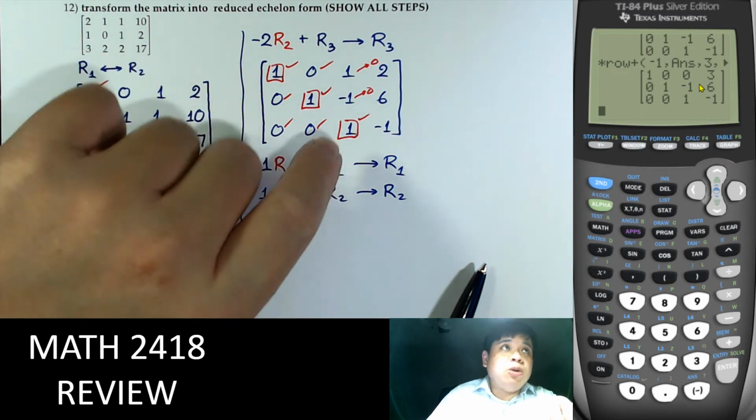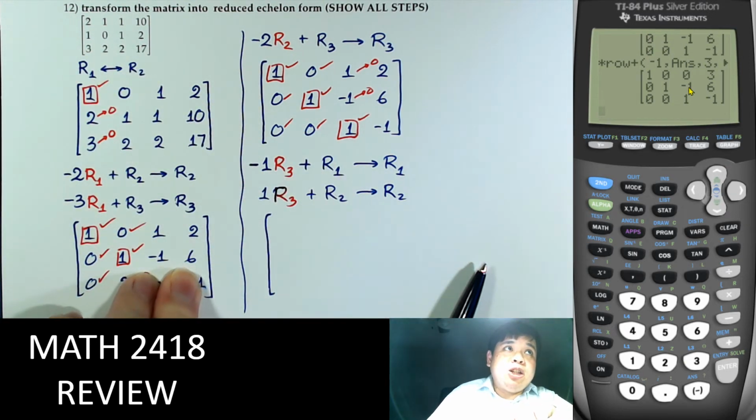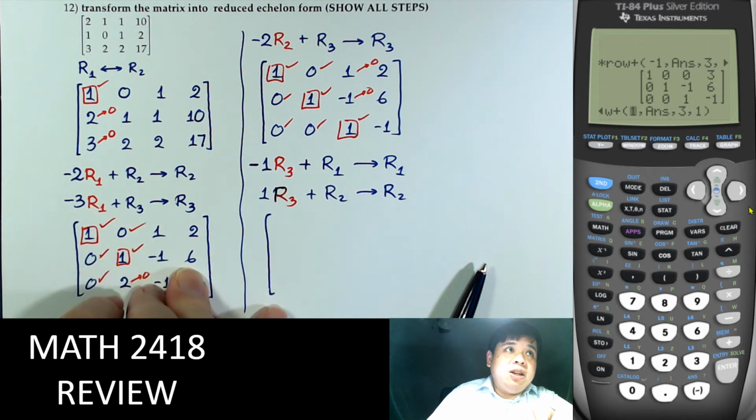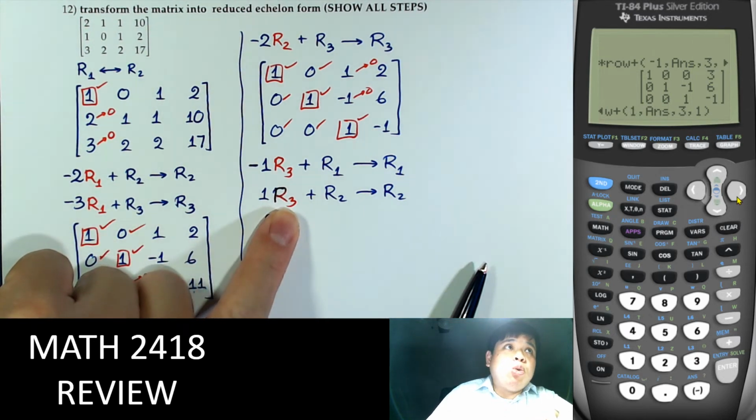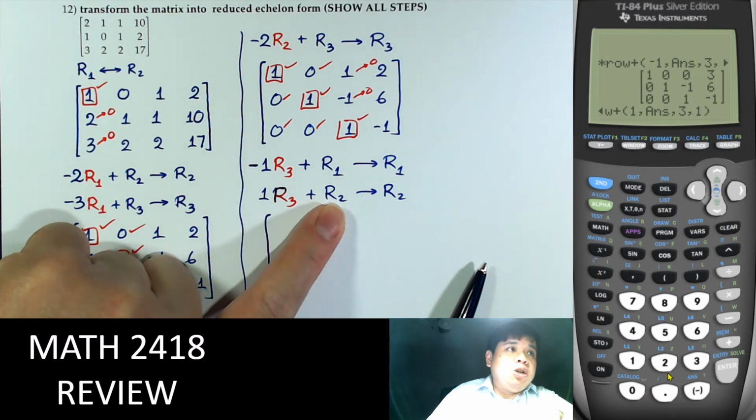So that's 1 0, which is good. Now this needs to be 0, so just need to multiply 1 to the answer, pivot row 3, add and replace to row 2.